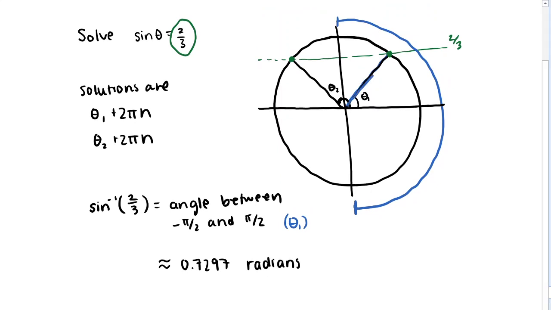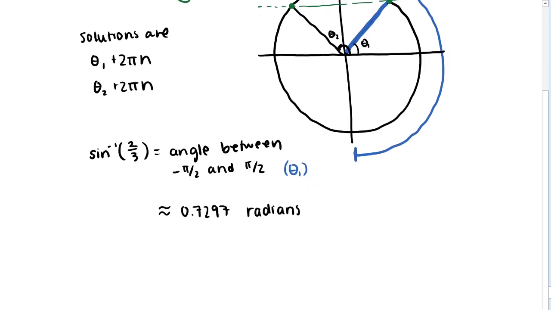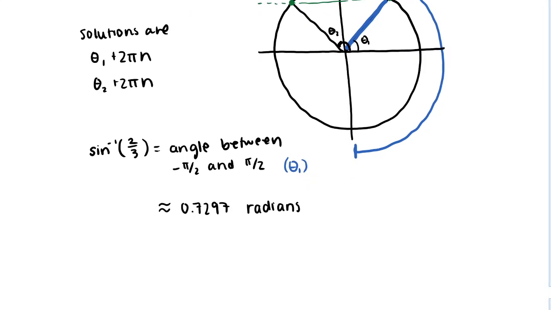And so we have this family of solutions if we just add on 2 pi n. So I'll list the solutions out here: theta is equal to approximately 0.7297 plus 2 pi n. This is one family of solutions.